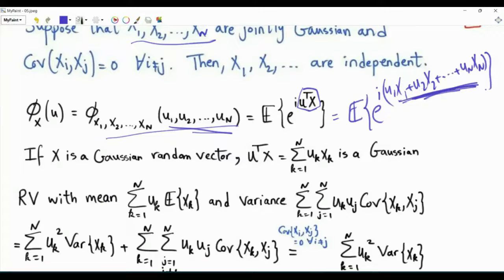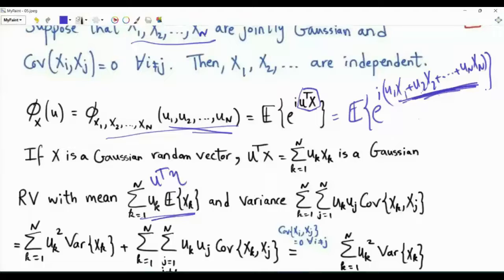And this weighted sum has a mean value which is equal to u transpose eta. So it's this summation here. So you take each u and multiply by the expected value of the respective x.